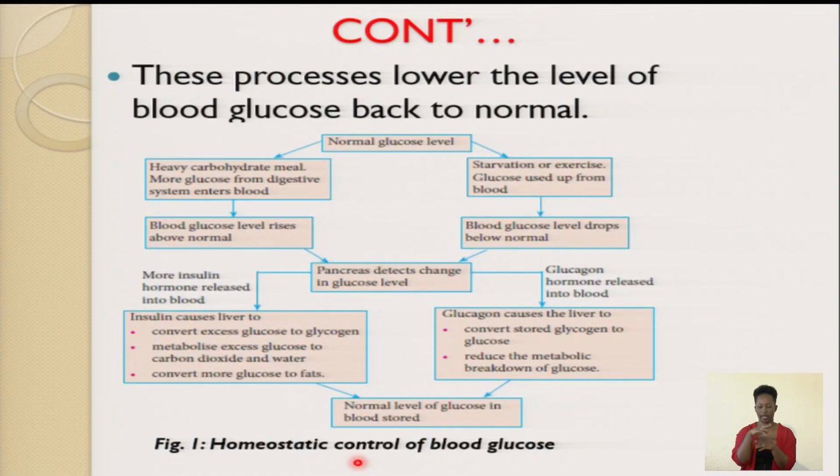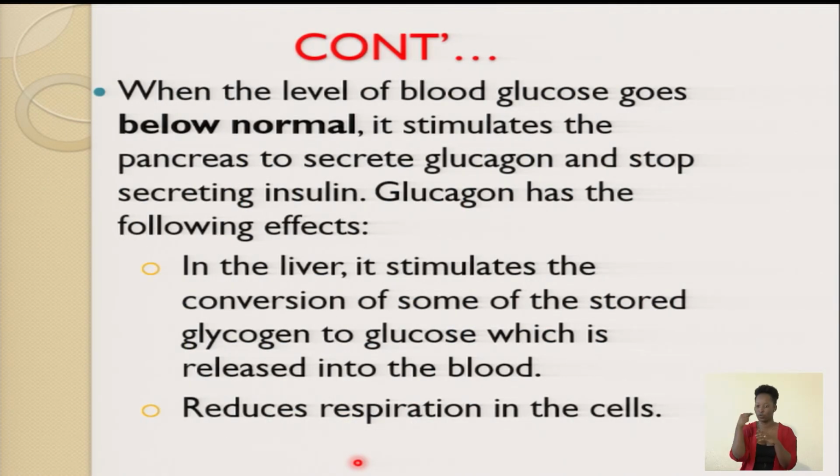So that is a diagram that summarizes the process of regulating glucose level in the blood. Simply, the glucose level is balanced by two things: insulin lowering the glucose level in the bloodstream, and glucagon increasing the glucose level in the bloodstream.